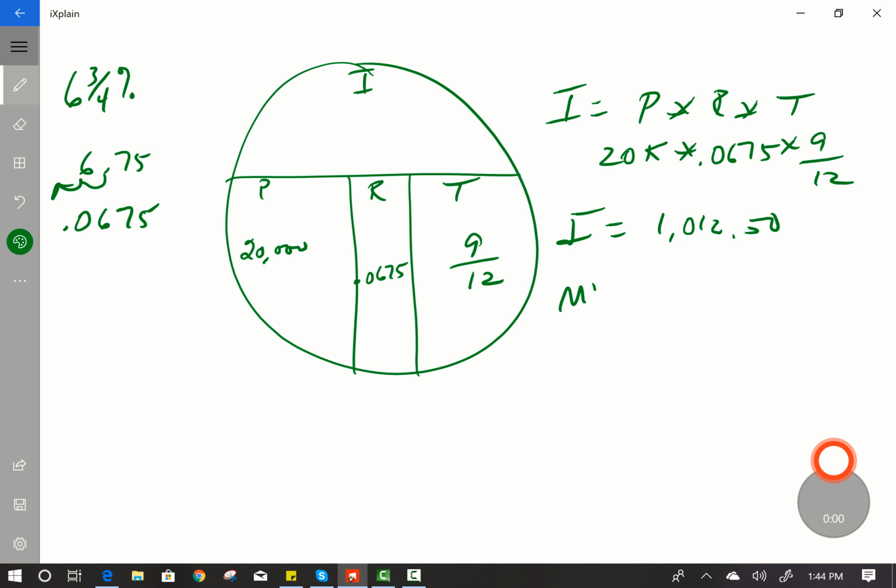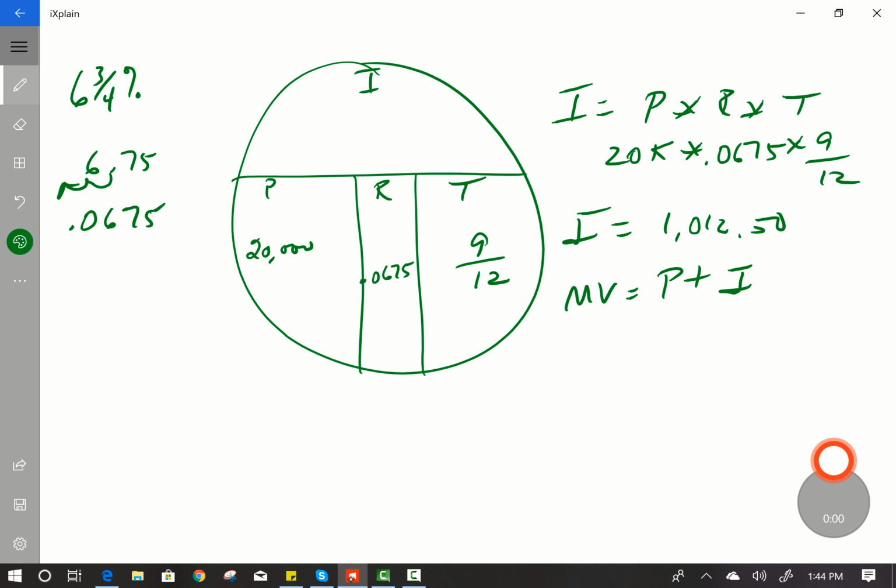And maturity value is equal to principal plus your interest. So that is 20,000 plus your interest of $1,012.50, and that would give us $21,012.50.